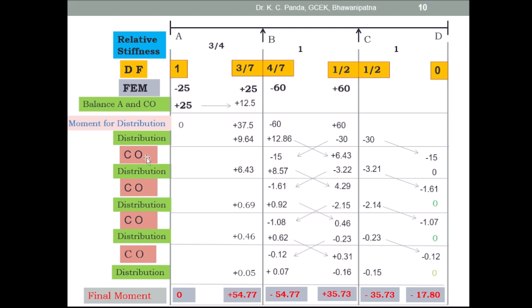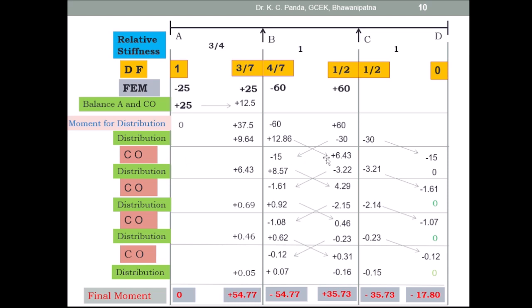Then again you go for the carryover of the moment. At support A, which is balanced, the carryover of this moment does not take place to this end. Here the half of this moment will carry over to this side, and half of the moment will carry over to this side, and here the half of the moment will carry over to this side.